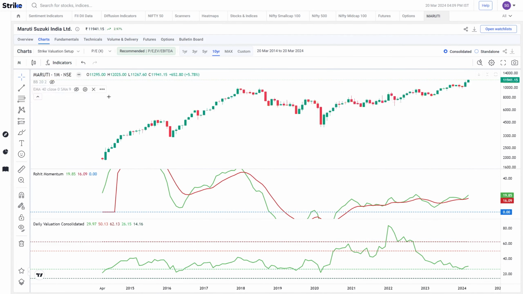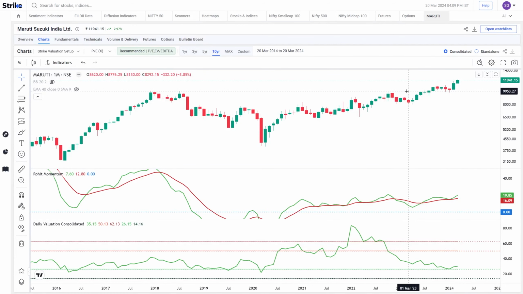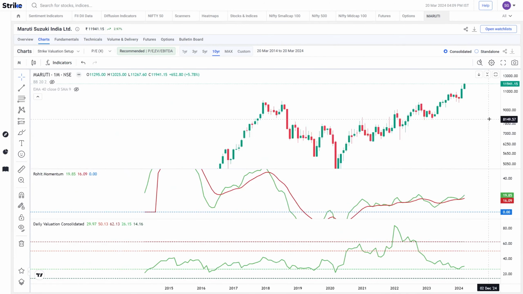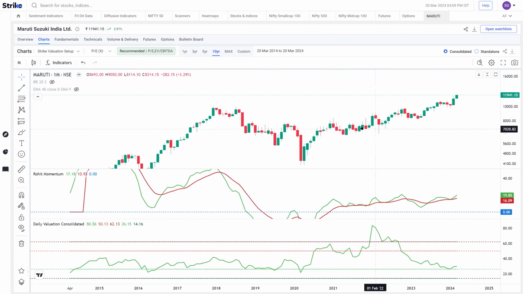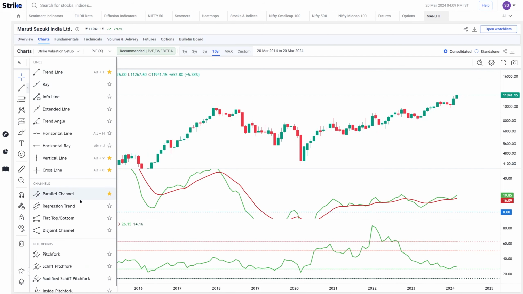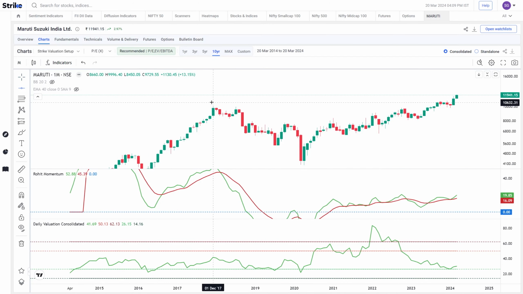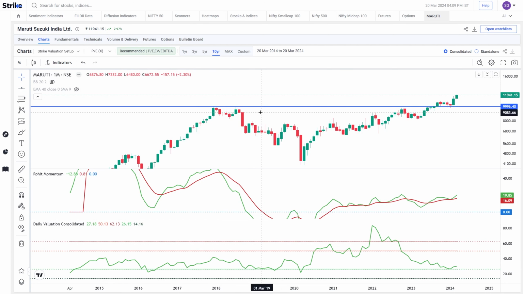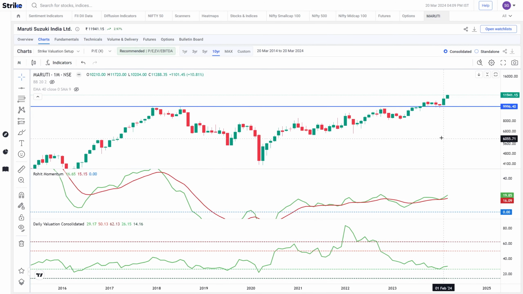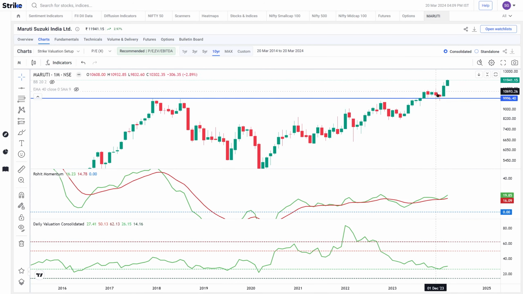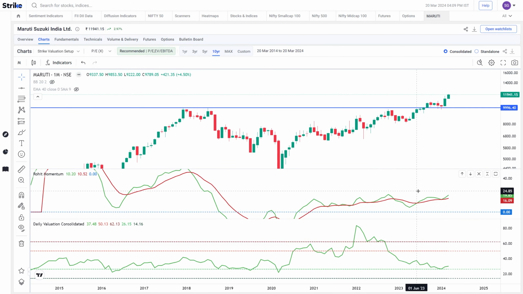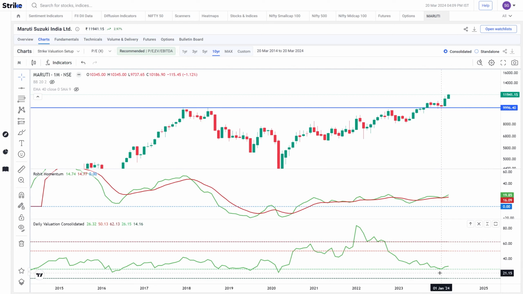If I switch to candlesticks, you'll see that the stock has broken out of a multi-year high zone. This was a high back in 2017. It broke out of that, retested, and now possibly it is continuing the long-term trend with the valuations also not looking too expensive.